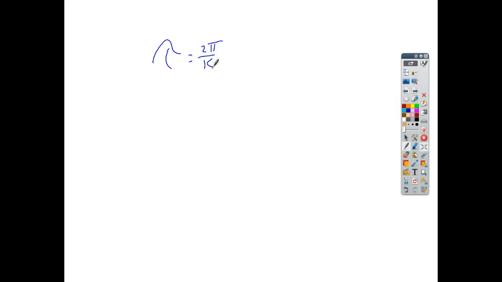Okay? So the formula we've thus far discovered is y equals a sine, I'm just using sine, it can be sine or cosine, k x, right?